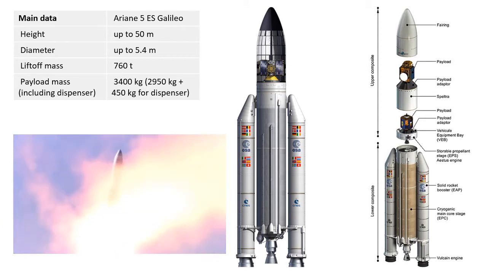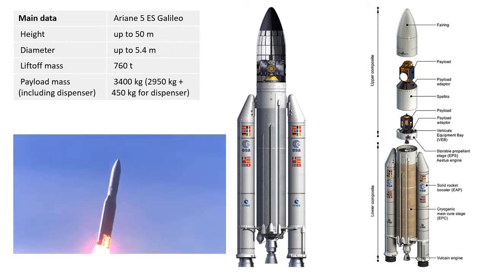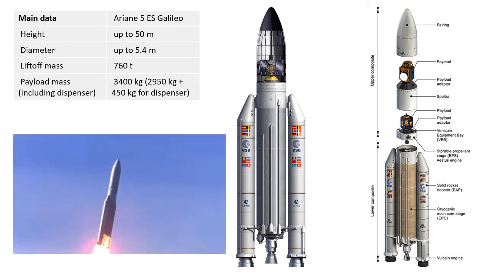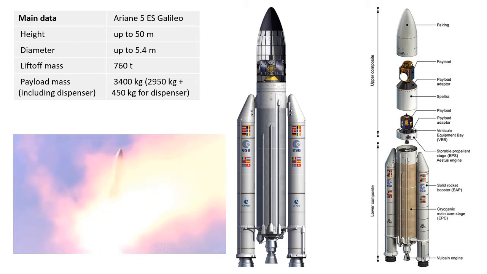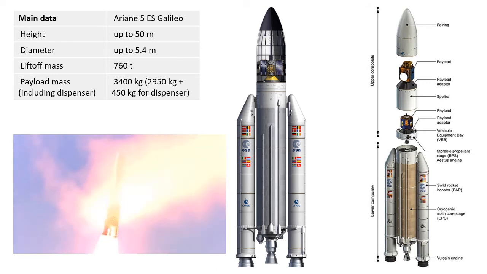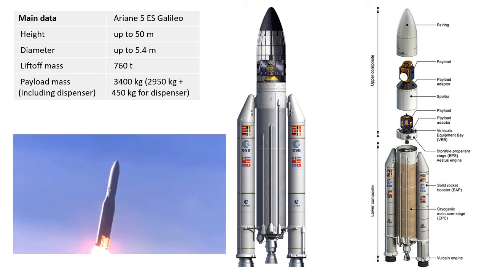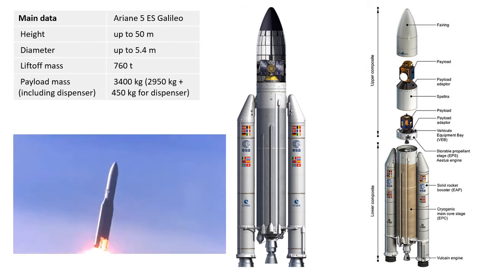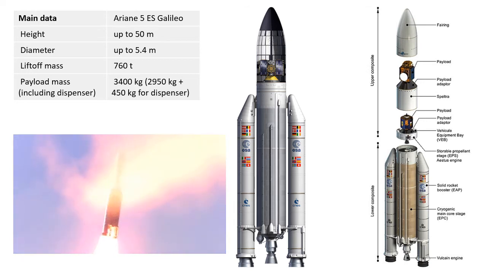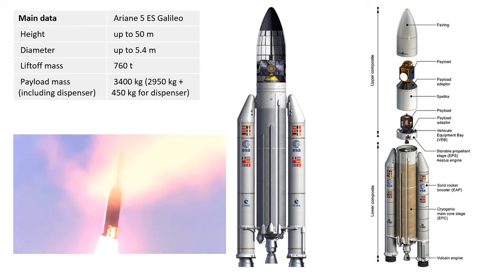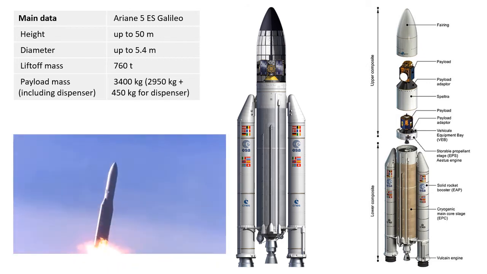In most cases, a launch vehicle uses at least 3 stages to reach the mission orbit. Ariane 5 launch vehicle is a 3 stage booster used by the European Space Agency. This type of launcher will bring large satellites as well as piggyback payloads to a higher orbit.